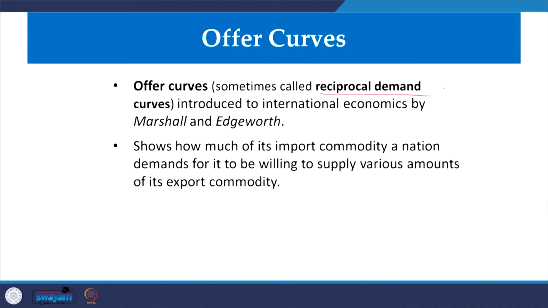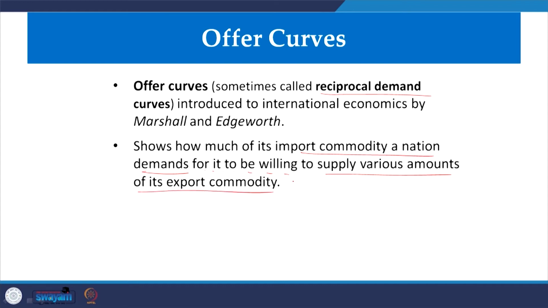It was initially introduced by Marshall and Edgeworth and is famously known as the Edgeworth box diagram, which we have read in microeconomic theory. This shows how much of the import commodity a nation demands in order to be willing to supply various amounts of its export commodity.